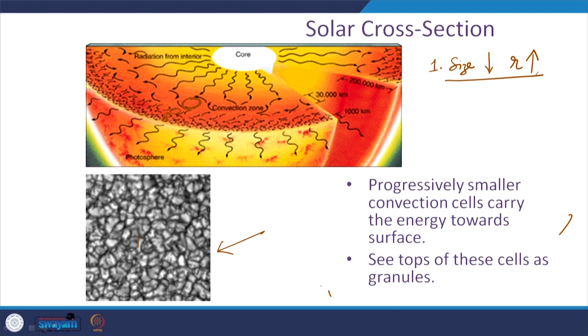These are very small shaped. You can identify the border of each of these cells. They have a distinct border to each of them, and there is a continuum of these objects throughout, right. These are progressively smaller, these are the tops of the convective cells. These are called the granules.